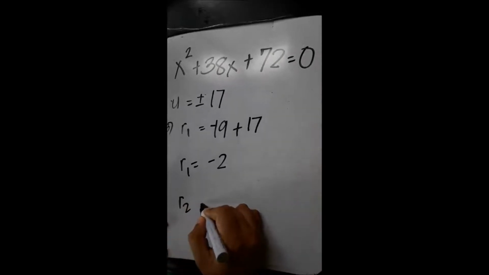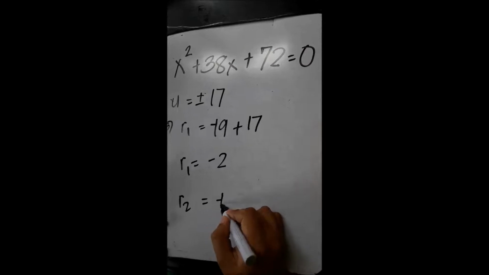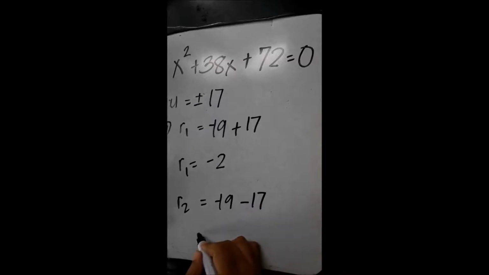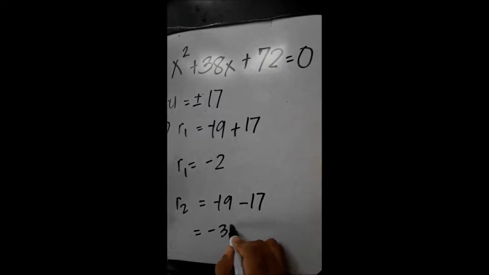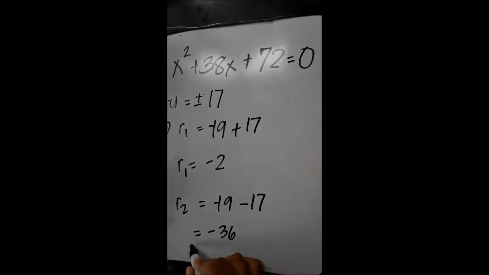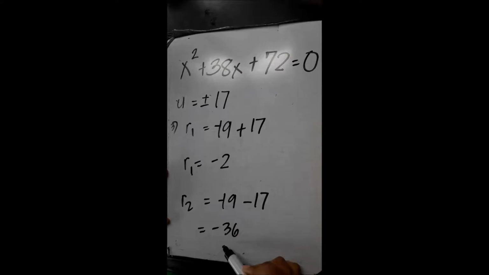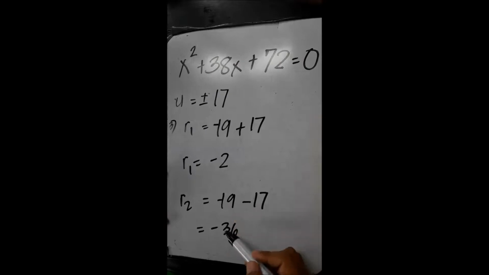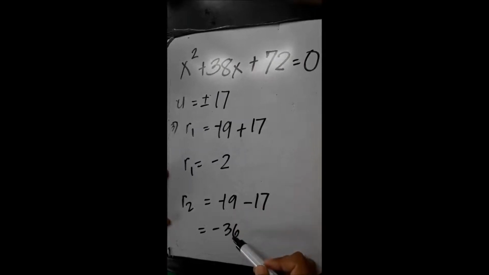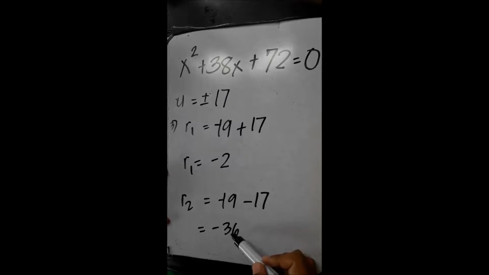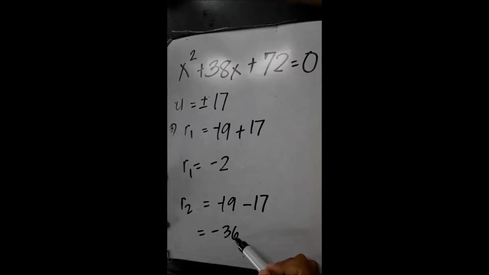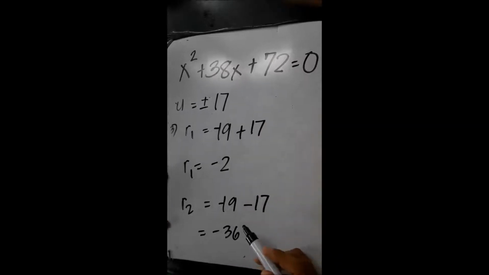Root 2, the second root, is equal to negative 19, this time with the minus sign, 17, and this is equal to negative 36. So here we have our two roots, negative 2 and negative 36, and if we want to check, adding the two roots, negative 2 and negative 36, we get negative 38, which is actually the middle term, and multiplying negative 2 and negative 36, that's equal to positive 72.